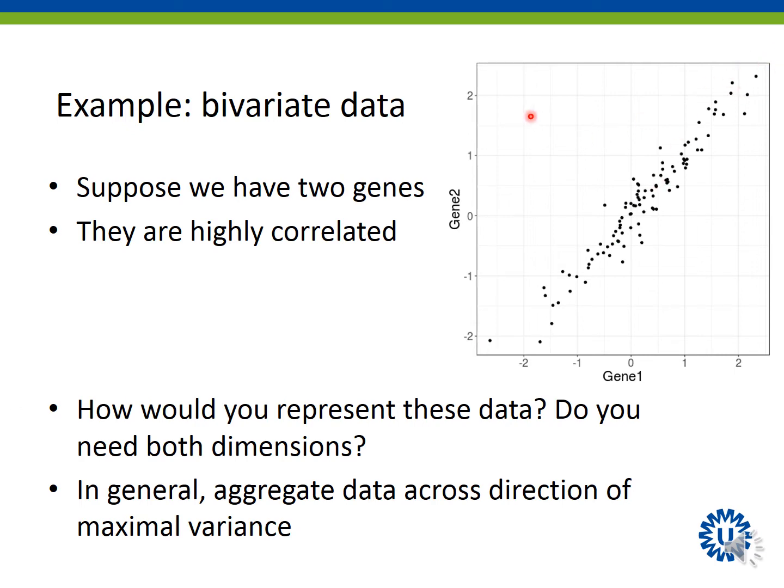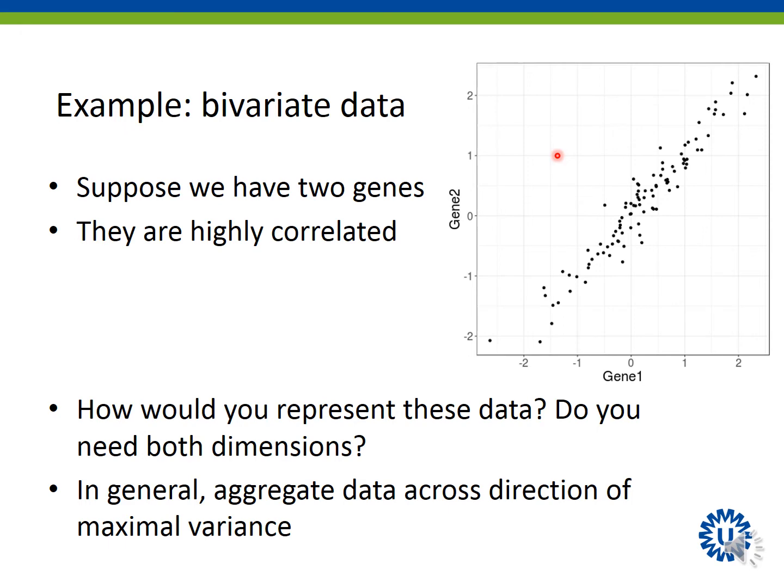Note that if we would take another direction, for example here, the spread would be very low rather than very high. So this direction along the straight line is composed of a part of gene 1 and a part of gene 2. This means that we don't need both directions. Simply let's say the average between gene 1 and gene 2 still represents this dataset well.